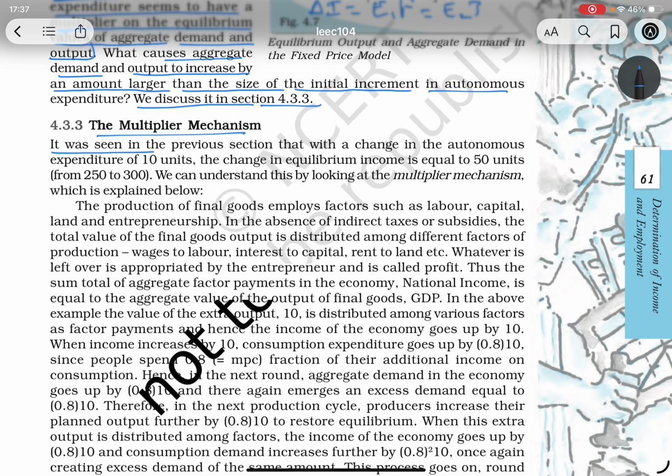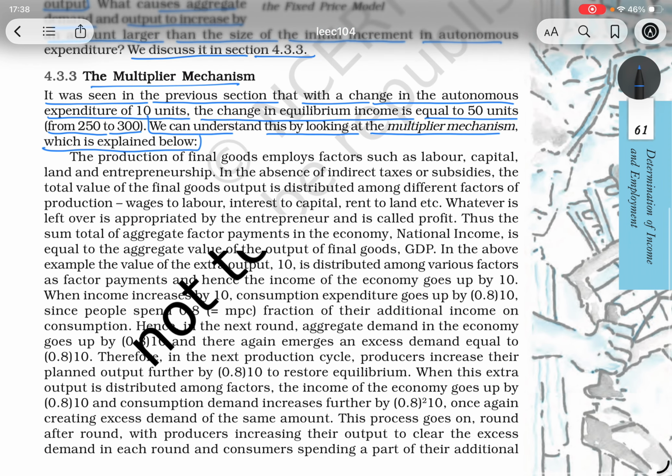It was seen in the previous section that with a change in the autonomous expenditure of 10 units, the change in equilibrium income is equal to 50 units, from 250 to 300.